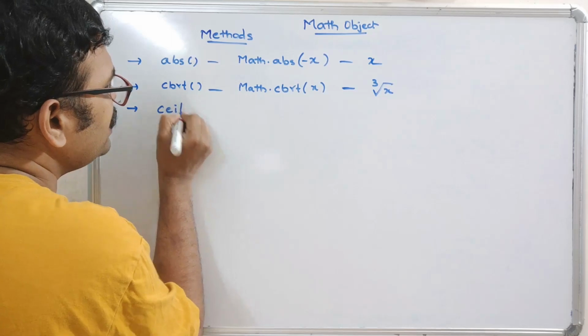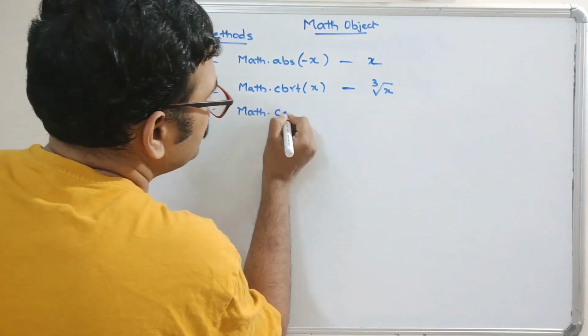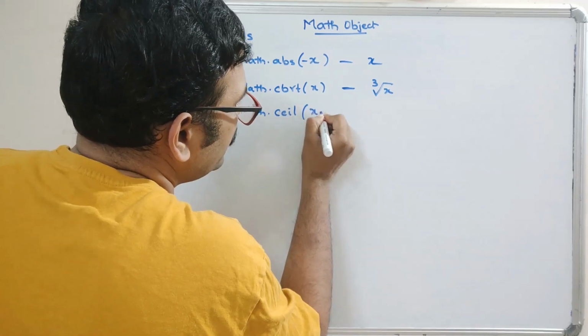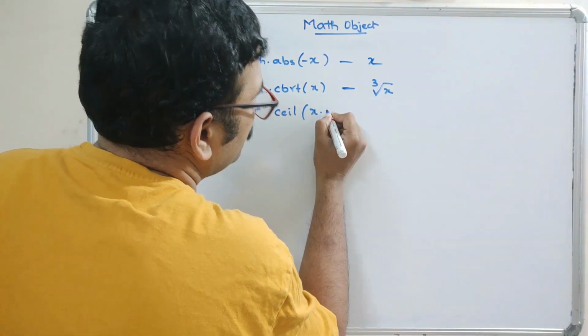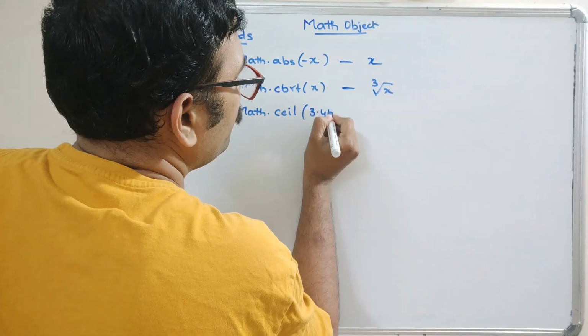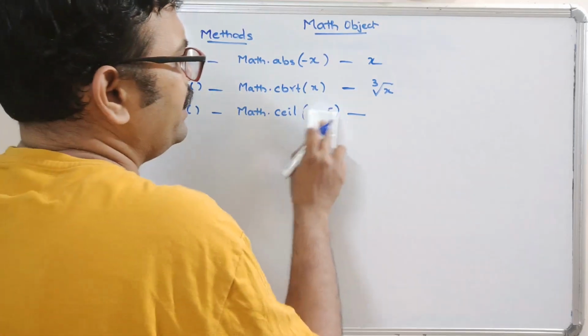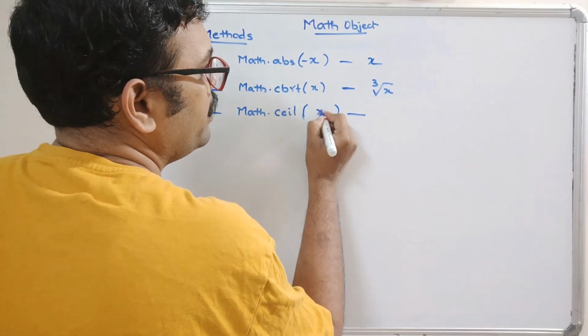Similarly, the ceil function. Math.ceil of x, let us take directly a number like 3.45. Okay, let us take x. We'll see the example there.